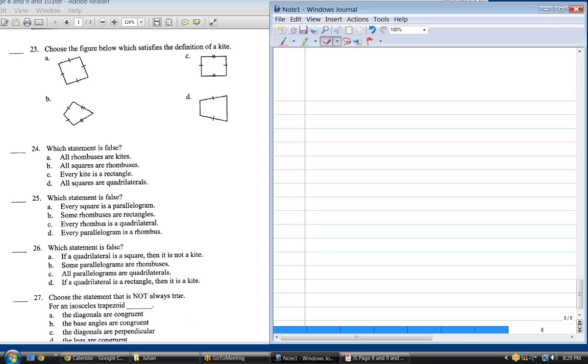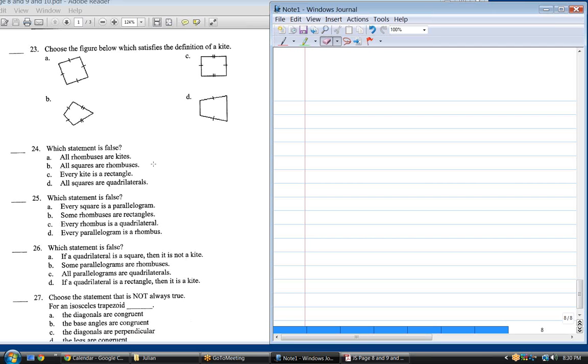D maybe? Isn't A a kite? Notice that the definition of a kite is that these two sides have to be equal and these two sides have to be equal. Well, that side's equal to that and that side's equal to that. So it seems to me that A is also a kite. I'm sure the answer they're looking for is B. But I think A is also a kite. I might be wrong.